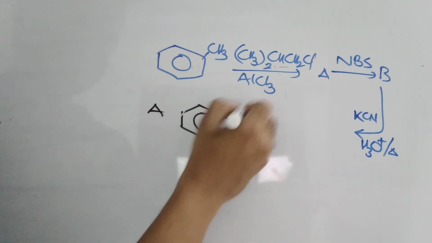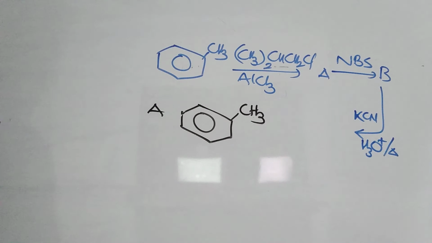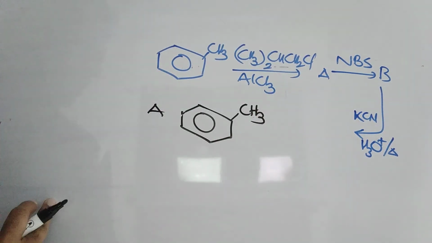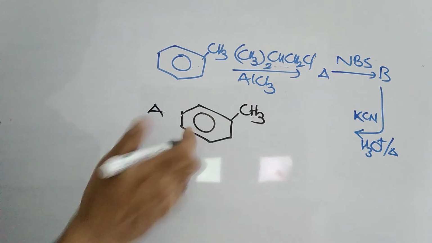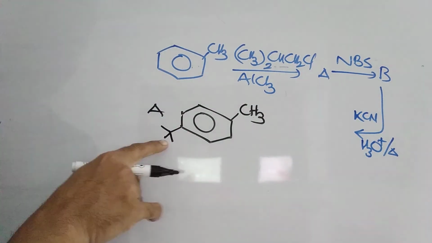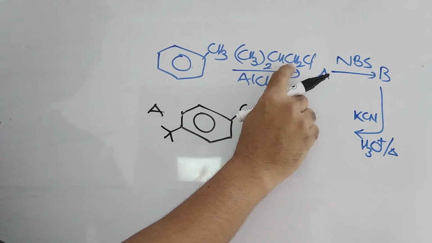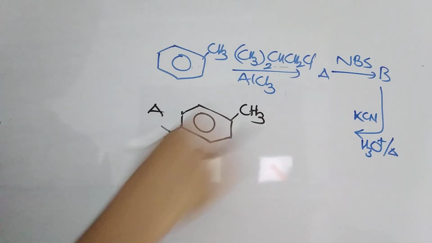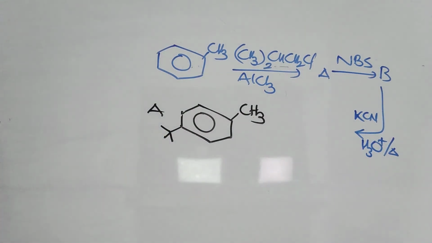This part is methyl. Now methyl is the ortho-para directing group. The coming group can come at ortho place or para place, but this is a bulky group. So bulky groups are generally given at this place. Why like this? Because CH2 will be getting the plus charge carbocation, but hydrogen from here will be shifted, giving a tertiary carbocation. Tertiary carbocation is more stable.